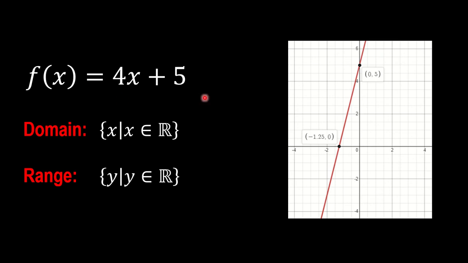Actually, this is a linear function, and a linear function is a polynomial function. So we can say that the domain and the range of this is all real numbers. The domain is x such that x is an element of all real numbers, and the range is y such that y is an element of all real numbers. As you can see, we have here the linear function.